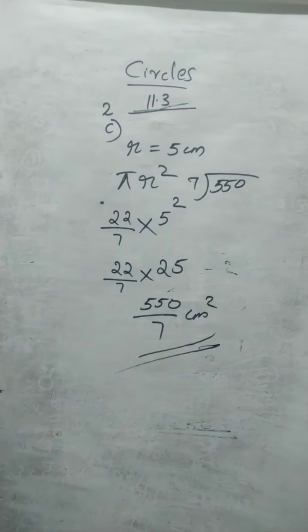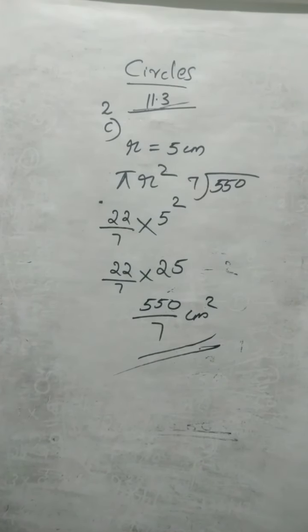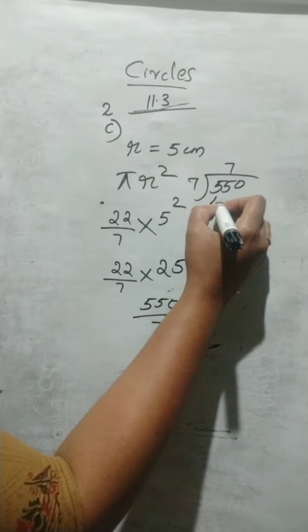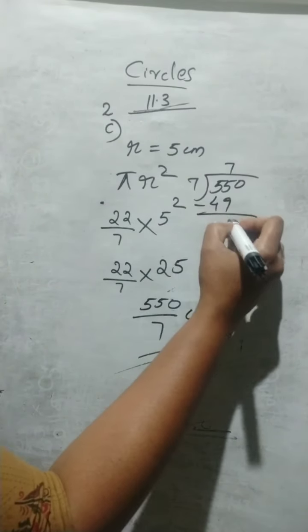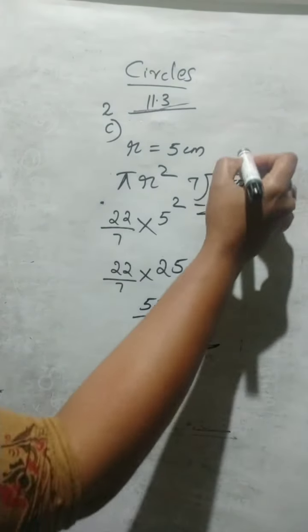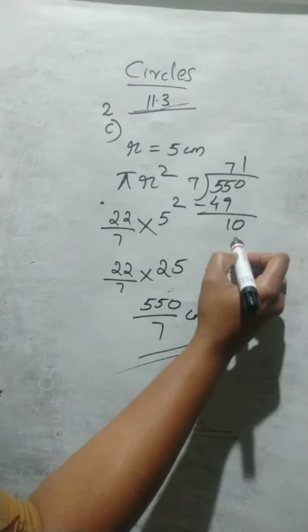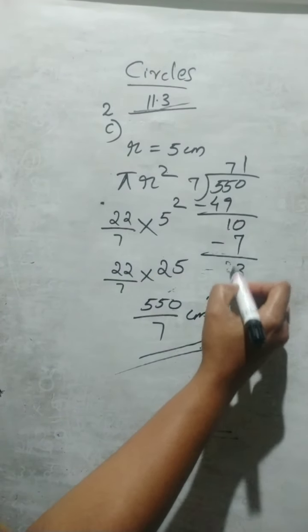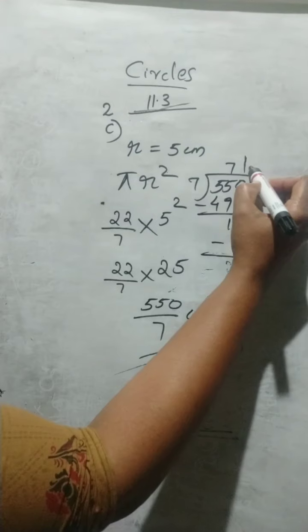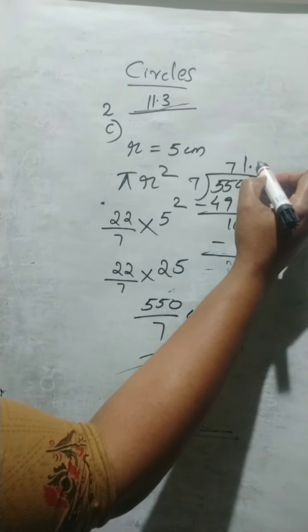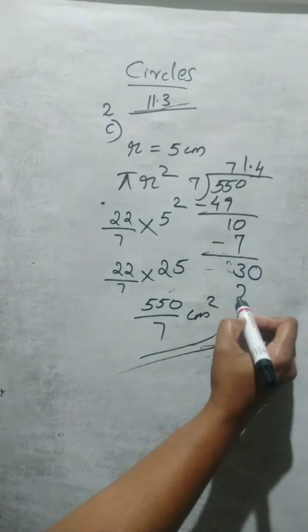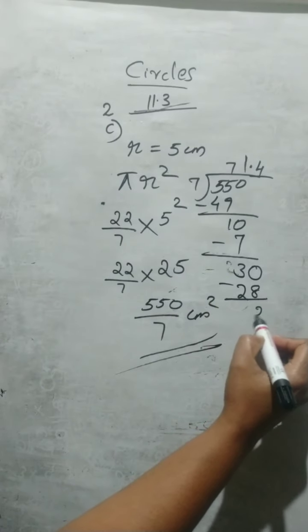So how many 7s are there in 55? 7 7s are 49. Okay, then subtraction 10. 1 times 7 will be there. Then 3 will be there. Here we can keep 0. Here 1 point. Then 4. 7 4s are 28. Then subtraction 2 will be there.